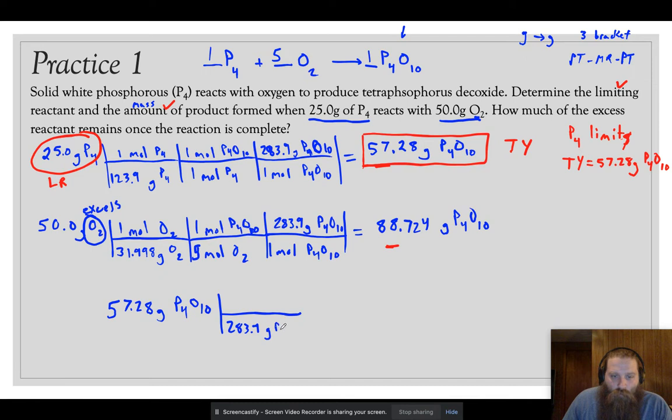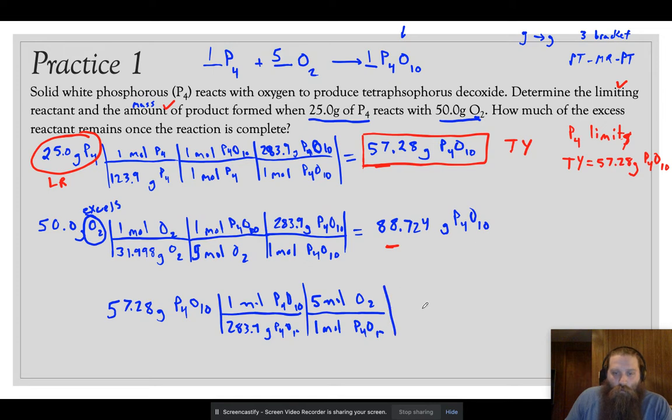283.9 grams of P4O10 in 1 mole. 1 mole of P4O10 is produced from 5 moles of O2, and 1 mole of O2 is 31.998 grams of O2.